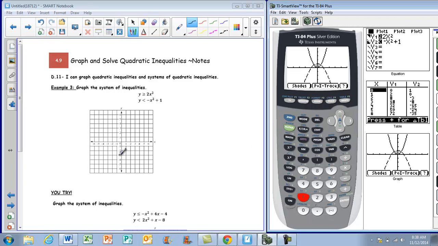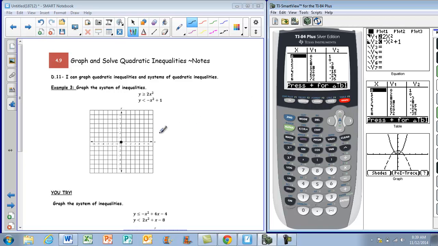So my first graph is that solid graph. So y is greater than or equal to 2x squared. So my vertex is at 0, 0. Then what I can do is go to the table and look at different values.